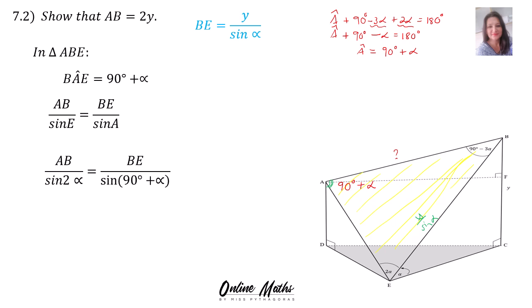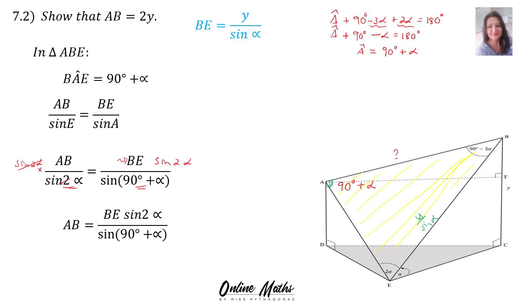Have a look on the sketch, is 2 alpha, equals BE, we'll fill in now, and then sin A, angle A, was 90 plus alpha. So first of all, before I substitute BE, let's just get rid of sin 2 alpha both sides. So it will look like that. So now we have AB is equal to BE sin 2 alpha over sin 90 plus alpha.